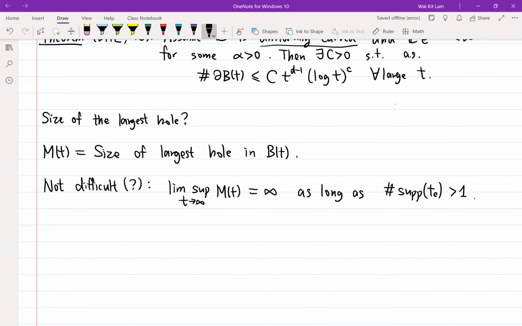Okay. I mean, this might be difficult to show for general distributions, but you expect that you should be able to create a particular distribution which has, say, infinite support. And you should be able to show that this is true. It's not that difficult. But can we say something more?